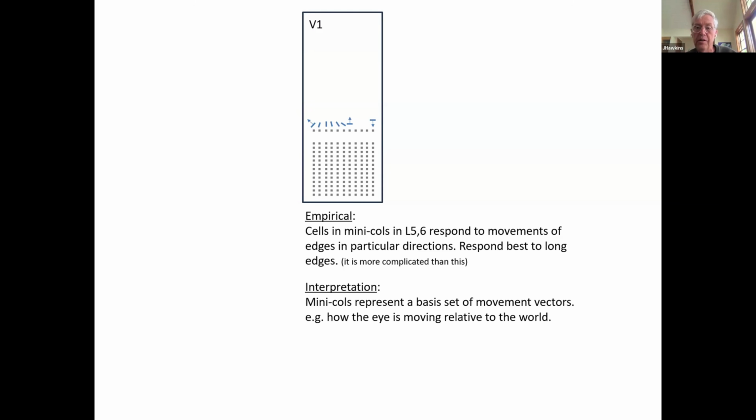There could be a bunch of different things that are represented beyond just edges moving in horizontal directions. So I would expect to see minicolumns that don't fit perfectly into this arrangement, and I think there is evidence for that. These are the classic, easier to understand ones. Anyway, that's an interpretation that these now represent movement vectors.